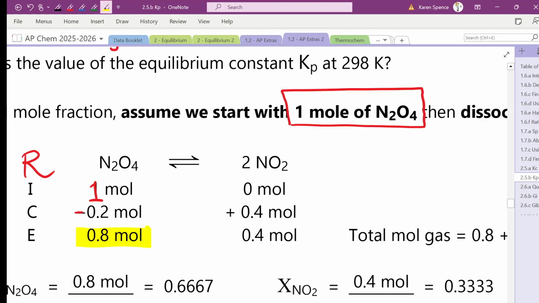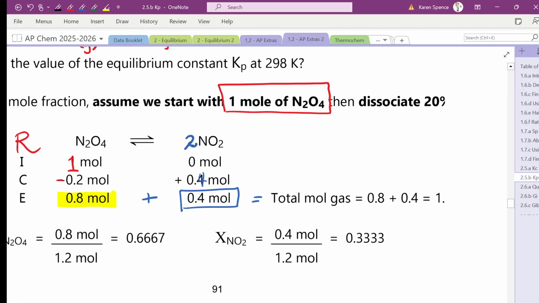We started with no NO2, and because this has a coefficient of 2, we need to multiply our change by 2. So instead of 0.2, it's going to be 0.4. So this ends up being 0.4. And that means our total moles of gas is 0.8 plus 0.4, which is 1.2 moles.